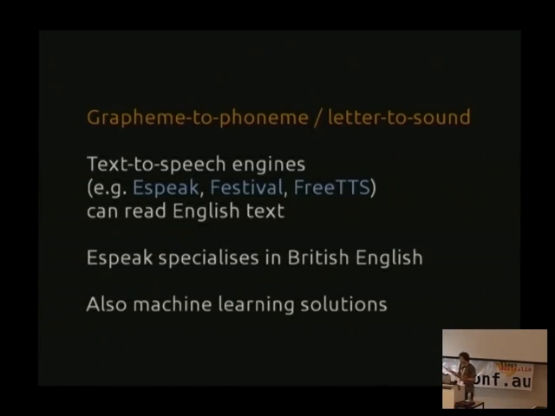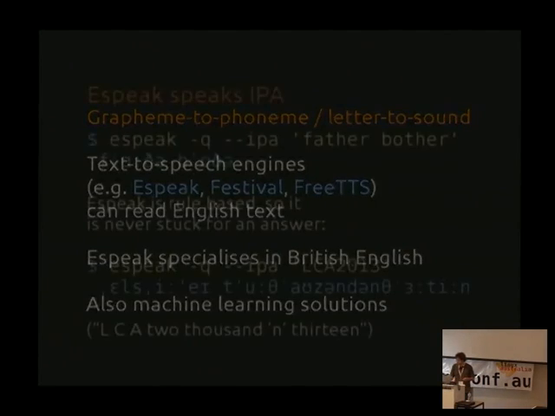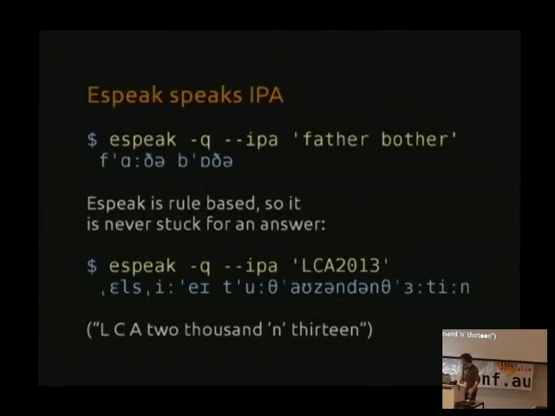And there are systems too where you just give them text, and they somehow, I don't actually know how the machine learning ones work, but they do. And so eSpeak, you can tell it not to speak. You can with a -q, and then tell it to spit out IPA, and then the IPA you can convert onto the phonemes. Sphinx likes ASCII phonemes.